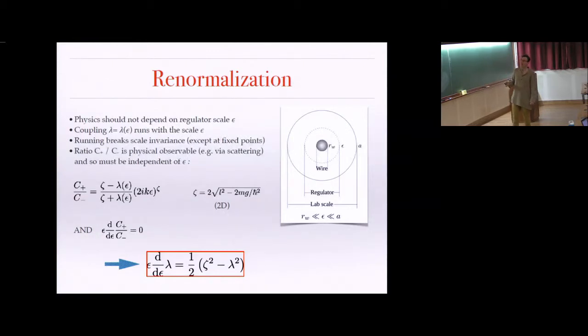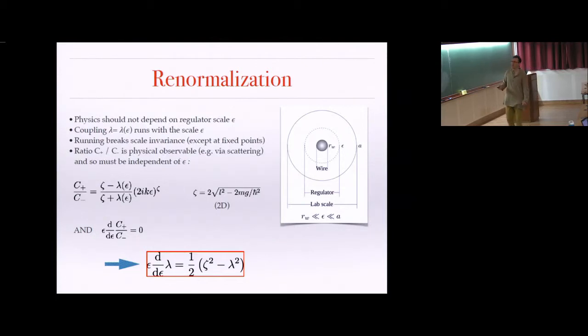And so what it means is that as you change this scale, this coupling constant lambda should run. It depends on the scale at which you apply this boundary condition. This is the hallmark of renormalization group. So the boundary condition gives us a relationship between our physical parameters, the ratio C plus upon C minus that defines our solution, and lambda, but it should obey the condition that this ratio doesn't depend on epsilon.